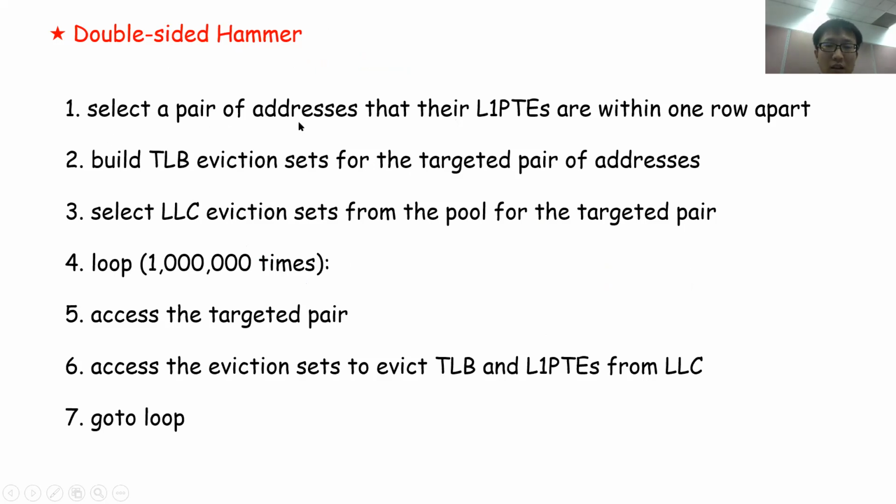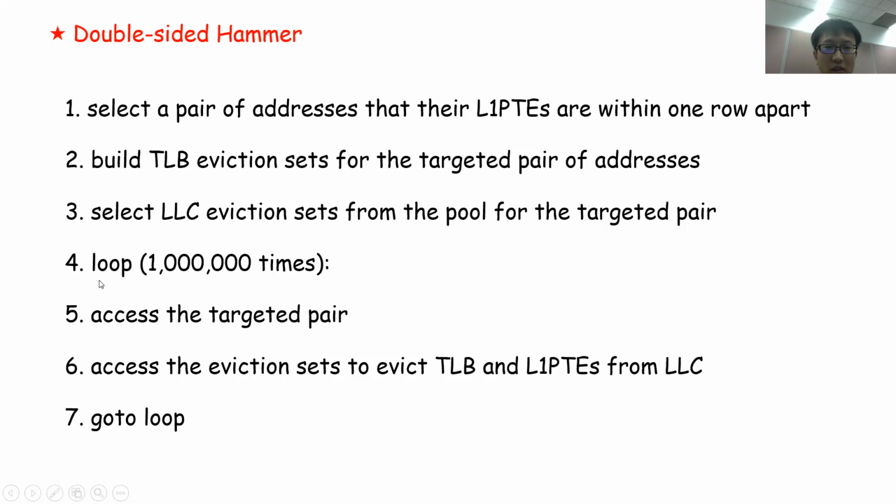So now we can perform the double-sided hammer. Firstly, we select a pair of addresses whose level 1 PTs are one row apart, such as rows n+1 and n-1. Secondly, we build TLB eviction sets for the targeted pair of addresses. Thirdly, we select LLC eviction sets from the LLC pool for the targeted pair of addresses.